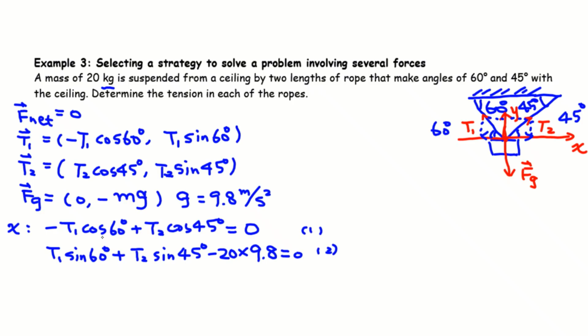From these two, this is a linear system because the variables are T1, T2 and the degree is 1. For a linear system, we could use the substitution or elimination method. We know the special triangle: cosine 45 and sine 45 both give us square root of 2 over 2, so they are equal.